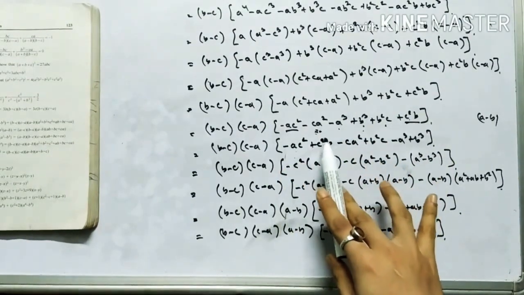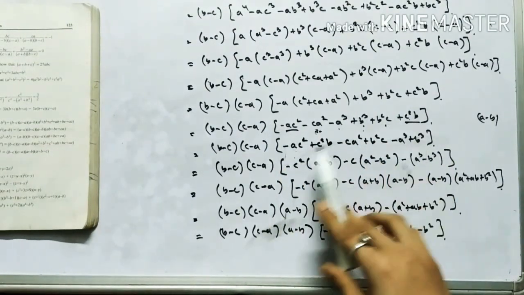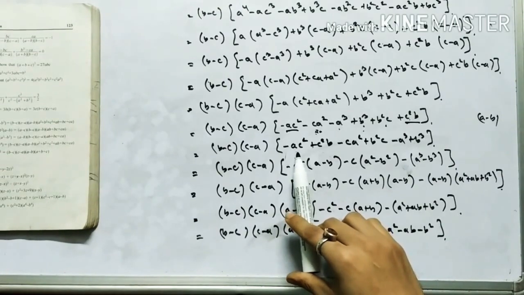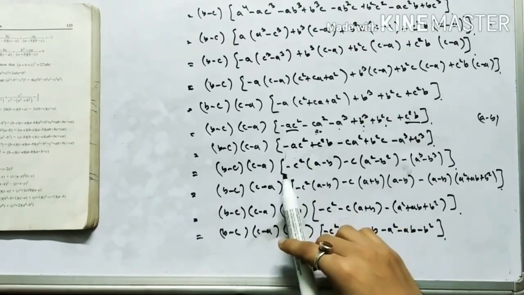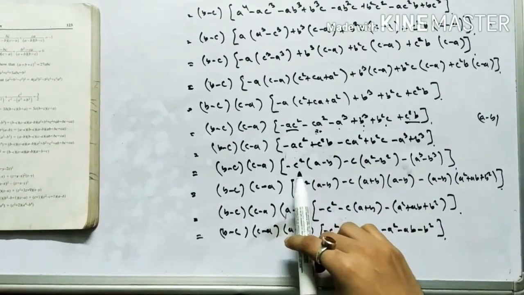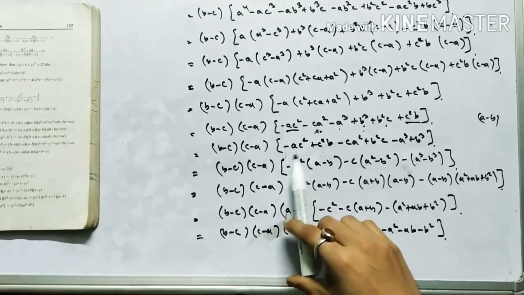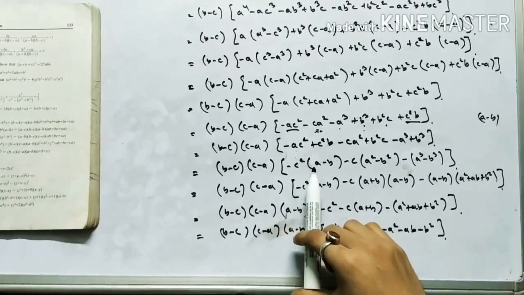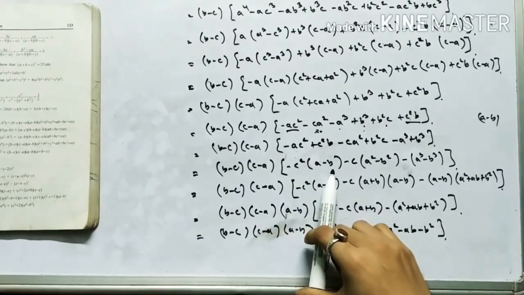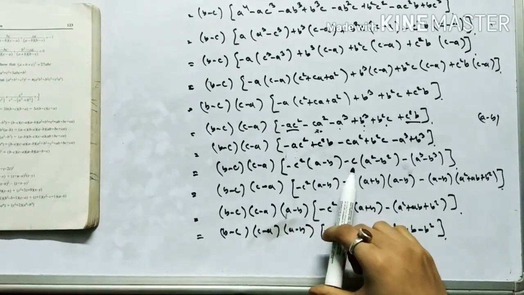So minus plus c square a plus cb square. Minus c, if I take common, then this will be a minus b. Okay, a minus b.